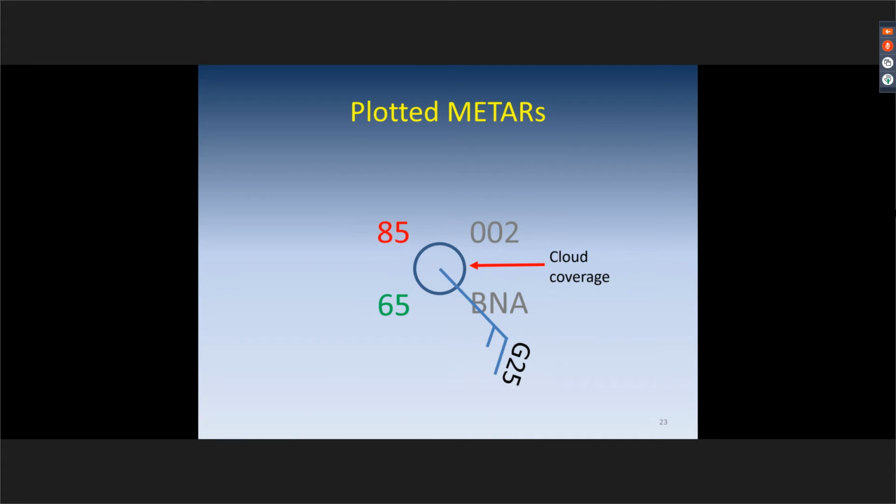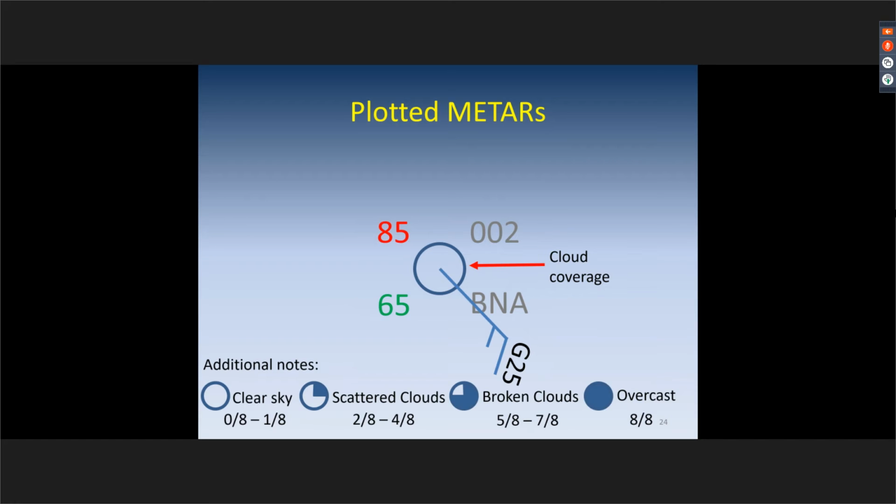Okay, in the center of the plotted METAR, that circle that you're looking at here may not always just be a circle. It could be filled in, but what it's talking about is the cloud coverage over a particular spot. So the way this is measured, if you have an observer at the airport, not every airport has an observer, a lot of it's done automatically with the surface observations or with the equipment.